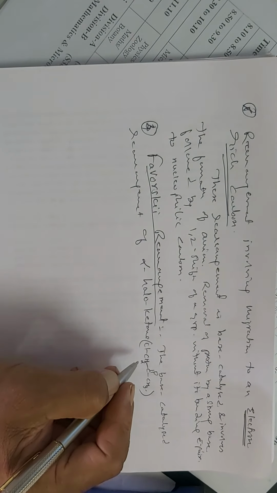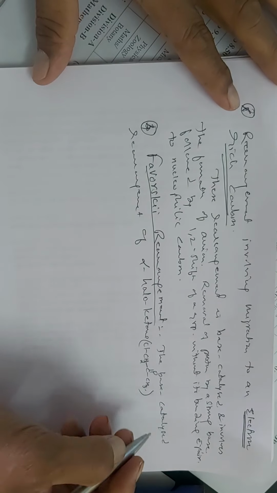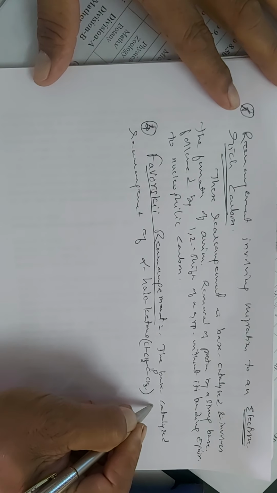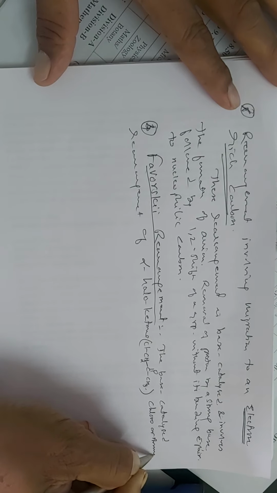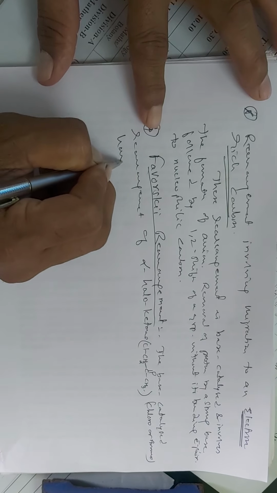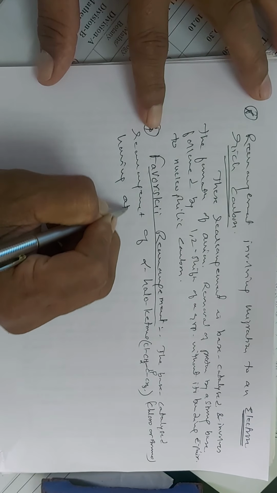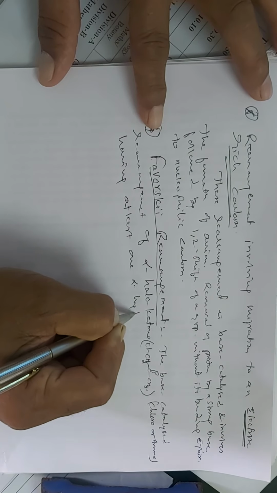We will have one of the halogen atoms at the alpha position of the ketone, and these are often chloro or bromo, having at least one alpha hydrogen atom.